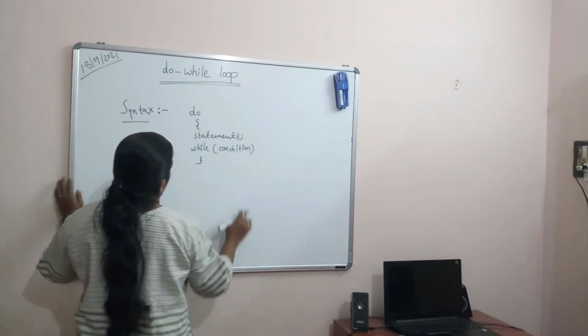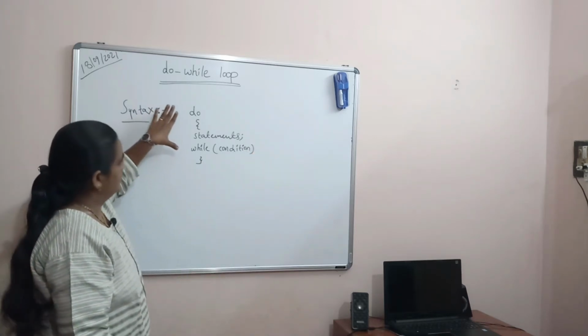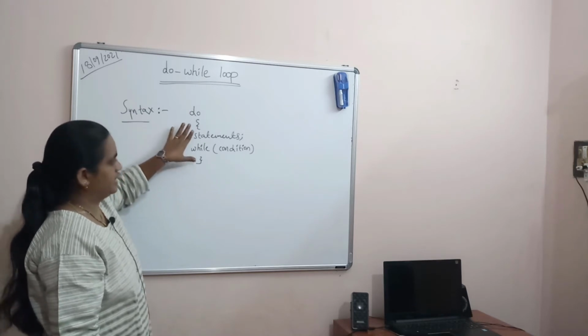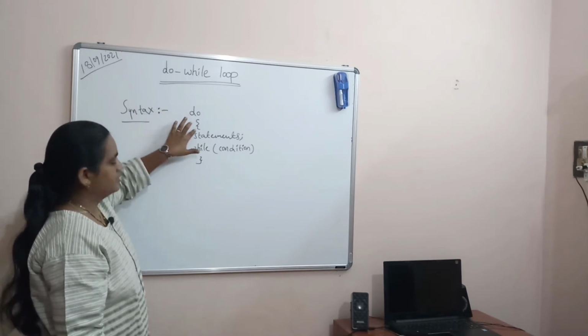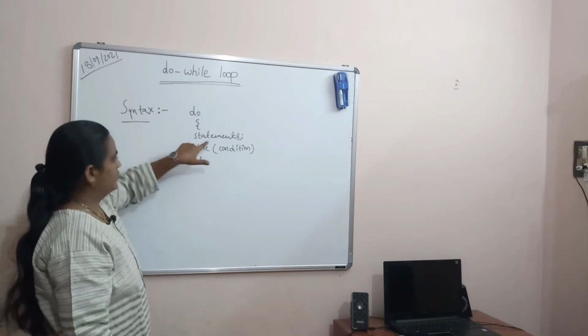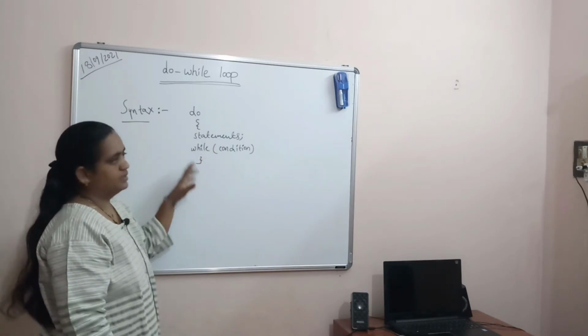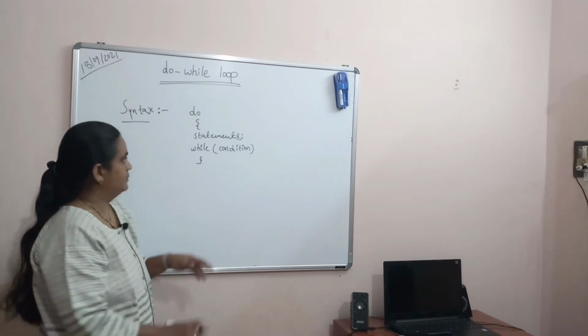We can't write it like this. This is the do while loop. It executes the statements first and enters the loop. It executes the statements, and after that checks the condition. This is the syntax of the do while loop.